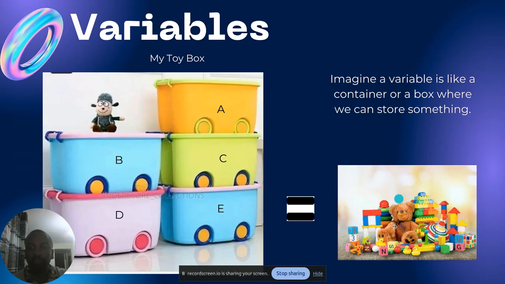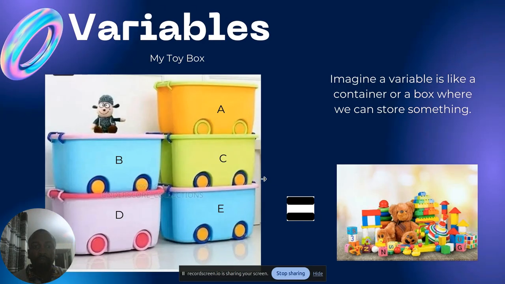For example, you can pick any of these toys and store it in box A, box B, box C, box D, and also box E. So all these boxes are what we call variables.